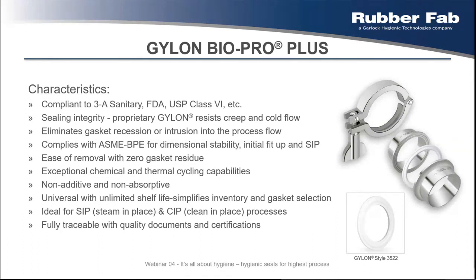That means the chain traceability from raw materials to finished product, but also the internal traceability with quality documents and certificates available. The gaskets also come by default with a batch number that is engraved on the edge of the gaskets, a unique batch number that allows full and easy traceability.